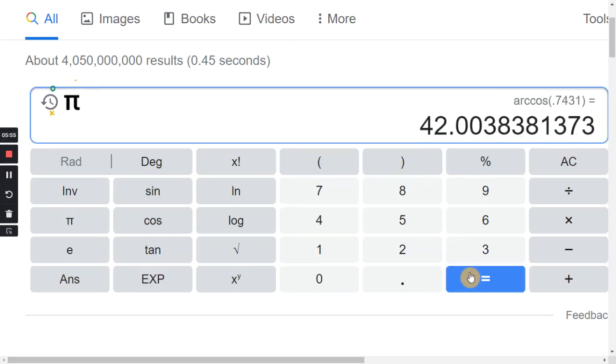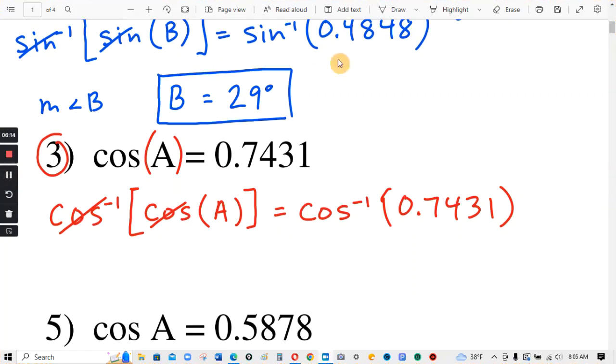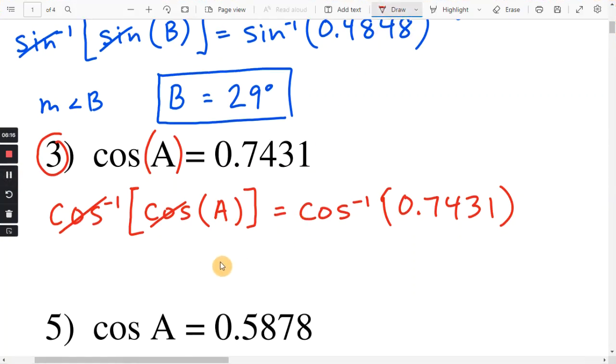It equals, and rounding off, we look at the first decimal place. If it's less than 5, you round it down, so I'm going to keep it as 42 without the decimal. So it's just 42 degrees. Make sure you're set to degrees. So the measure of angle A is just 42 degrees.